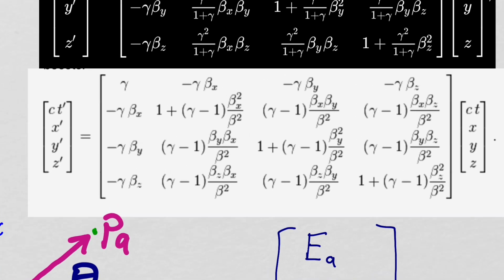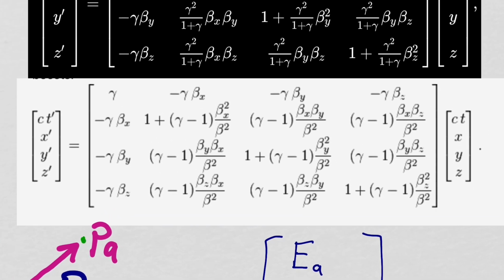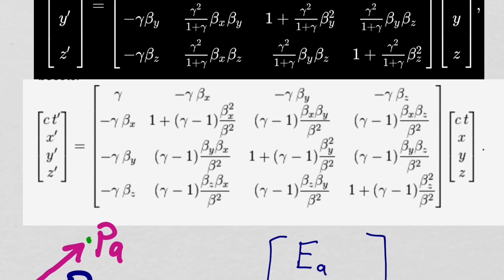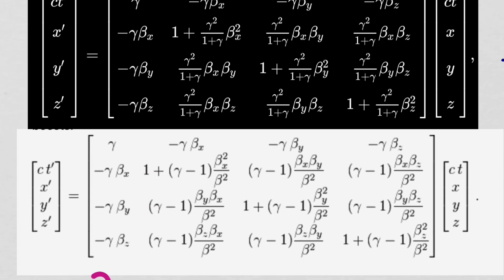Now the other form of the matrix is algebraically different, right? The top row and the first column are actually the same, but the algebraic structure of the guts you can see is different. Here you have gamma squared over 1 plus gamma.